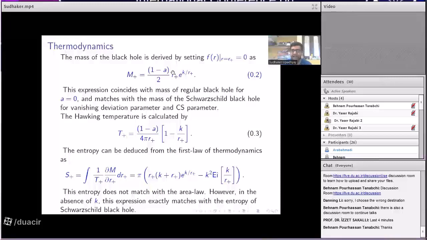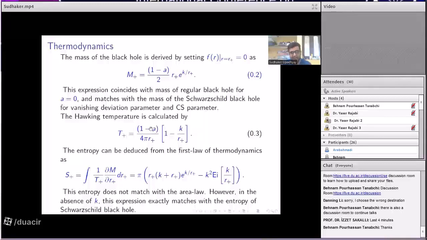Okay, so here this is the mass, and the Hawking temperature can be calculated through the area law. And the Hawking temperature is also described by these parameters k and a, that is the deviation parameter and the cloud of string parameter. So the temperature is also a more general form than for the Schwarzschild black hole.